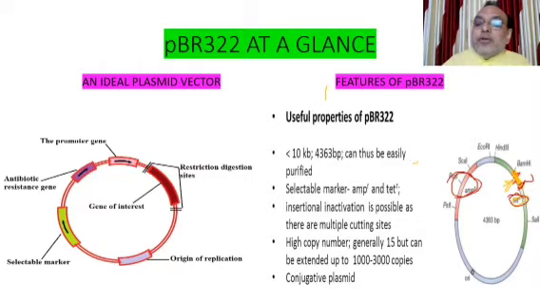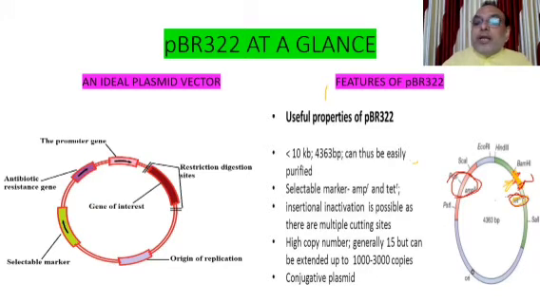So tetracycline resistance will be lost, whereas the ampicillin resistance will be retained, whereas in unaltered plasmids, those which do not have the DNA of our choice, they will exhibit both tetracycline as well as ampicillin resistance.